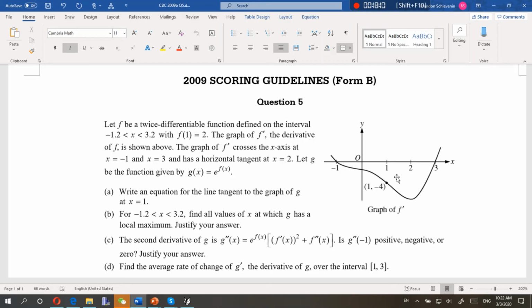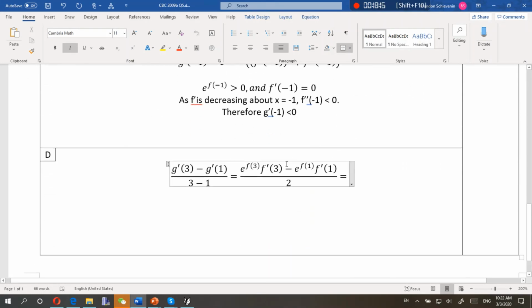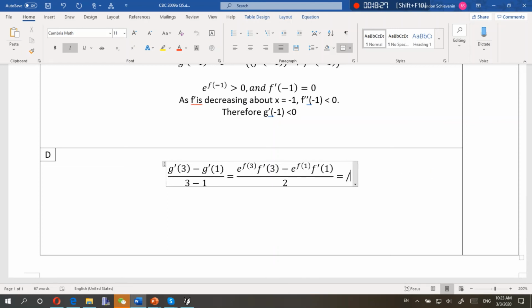So I don't think we can find f of 3 exactly, but I think when we multiply it by this f prime 3, that's going to be 0 anyways, so it'll cancel out. I was going to try to estimate, but I don't think we need to. Okay, I'm just going to write it out. So f of 3.